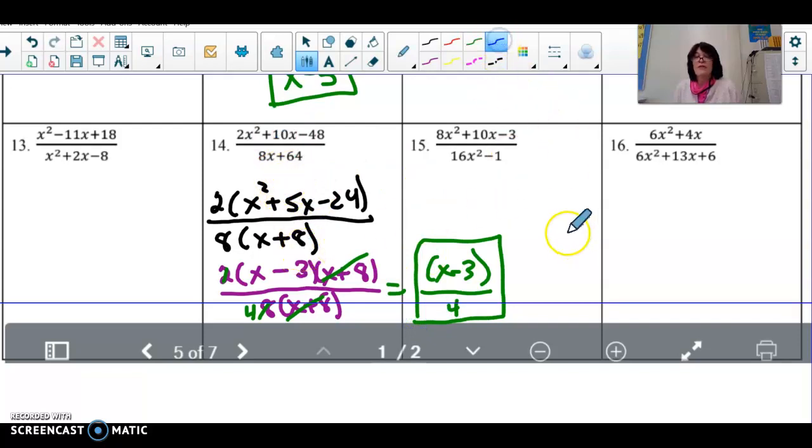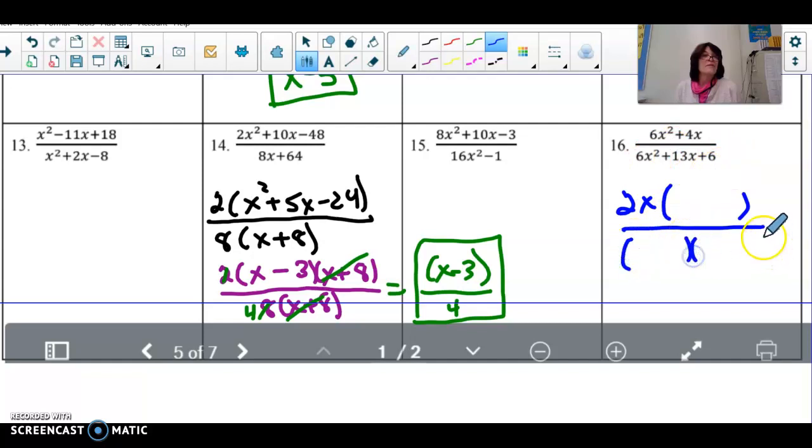Okay, I'll start you with number 16. You're going to take not just a 2 out of the top, but a 2x. Okay, see what you get when you take 2x out. On the bottom, there's nothing I can take out, is there? I'm going to try maybe 3x and 2x, which multiplies to 6x squared.